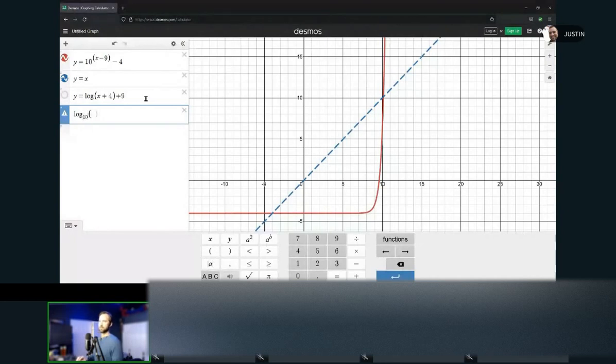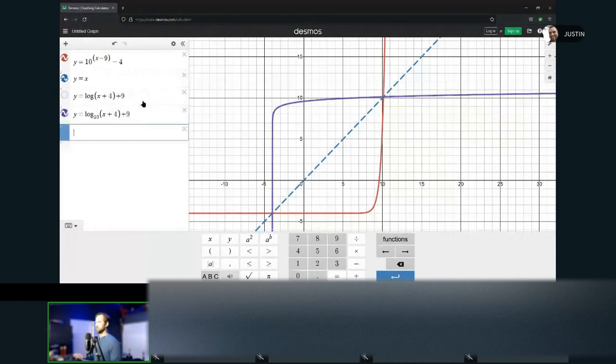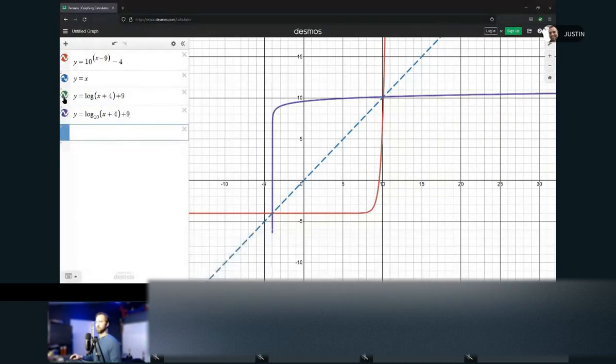I should probably put y equals first. Y equals, then plus 4, and then plus 9. And look, it's the same thing. So this way I was able to actually enter the base of 10.